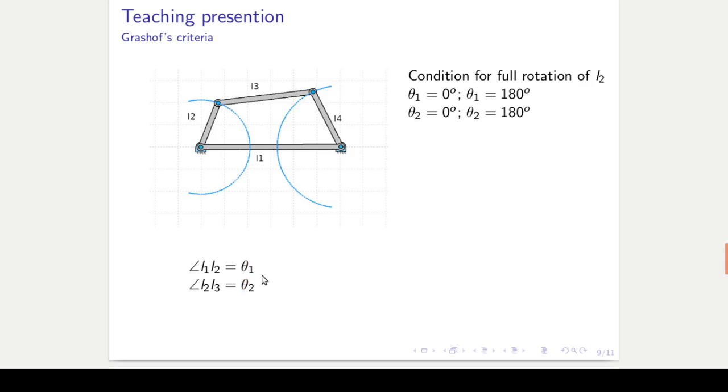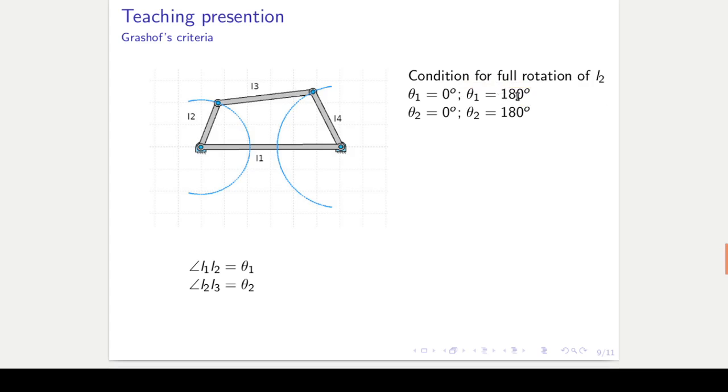Now in order for link L2 to have a complete rotation, it has to satisfy two conditions. Theta 1 has to be 0: at theta 1 equal to 0, the configuration should exist, and theta 1 should also be 180.